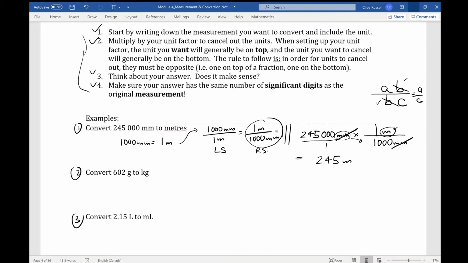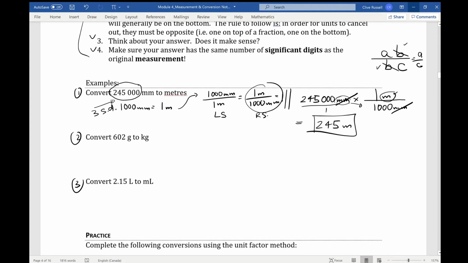You have to round based on accuracy or number of significant digits. So you examine the thing you're converting from and see how many significant digits are there. So this has just 3 significant digits. Refer to your notes on significant digits. So our final answer needs to have 3 significant digits also, which it does have. So that's our final answer.